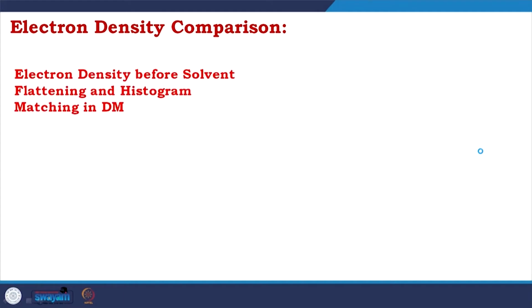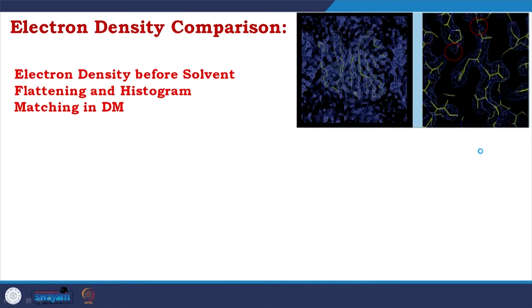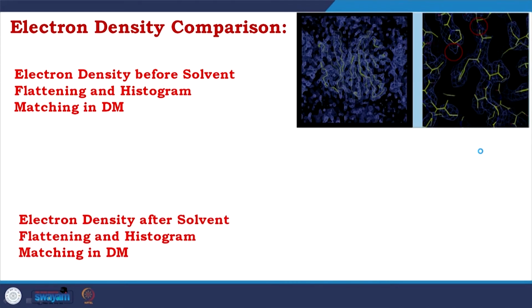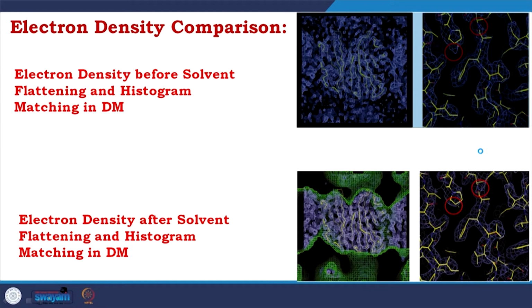So, now when you take care of those, you get density modification. Remember, we looked at this picture, and now when we have done all those solvent flattening, histogram matching and all, you see there is a beautiful change. The maps are sharper.